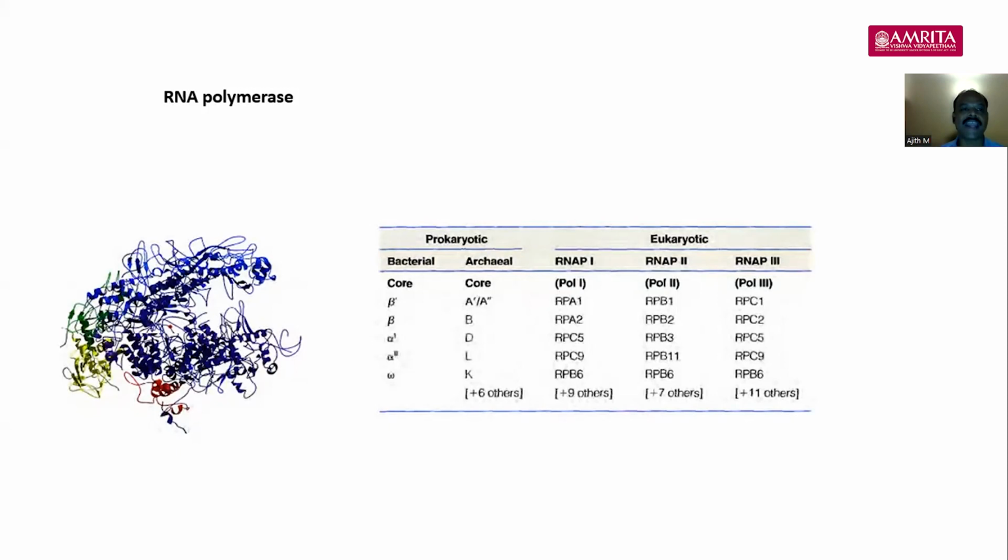Hence, it is called DNA-dependent RNA polymerase. It has a crab claw-shaped structure. From the ribbon model of the structure, you can see roughly a crab claw-shaped structure. It has 2 pincers.